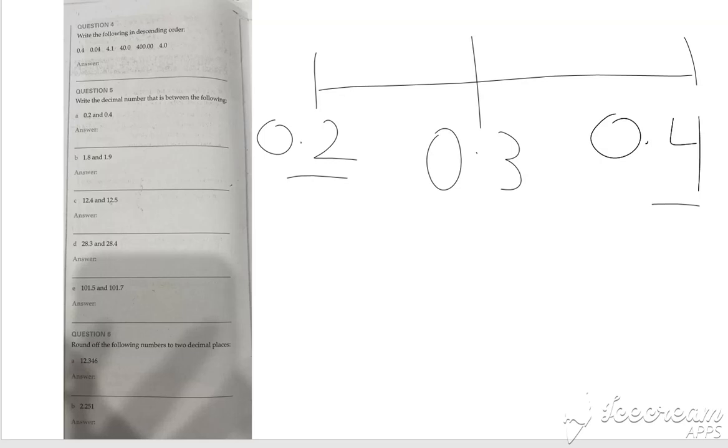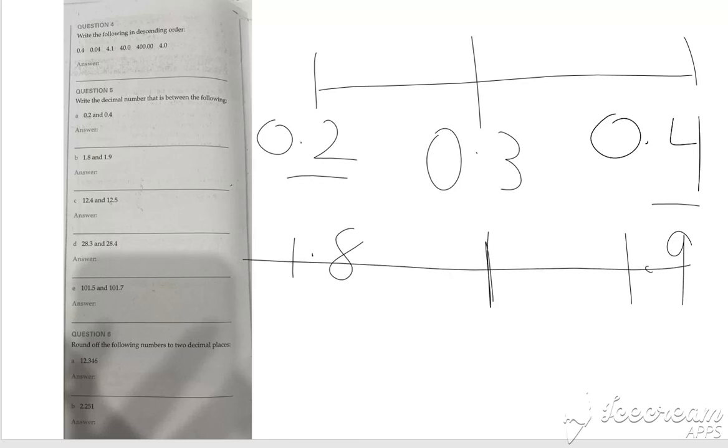What gets trickier is if I have 1.8 and 1.9, which is the next question, and there's my line, what's in the middle? So this is where we have to imagine that this is like having 1.80 and 1.90. What's in the middle of 80 and 90? 85. So it becomes 1.85.